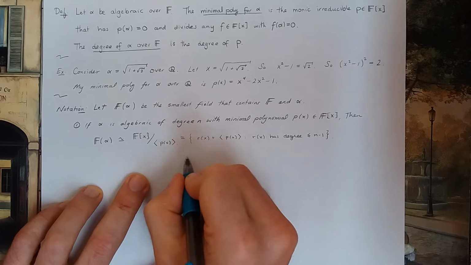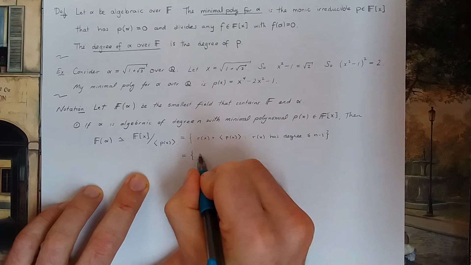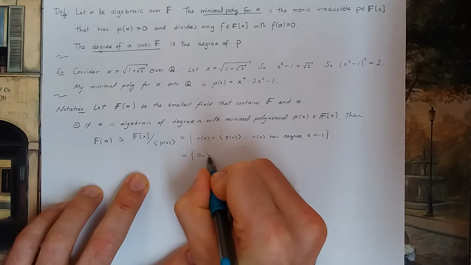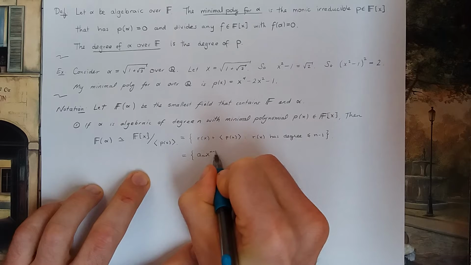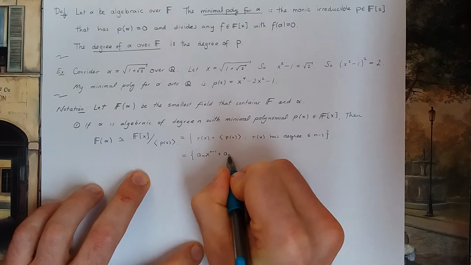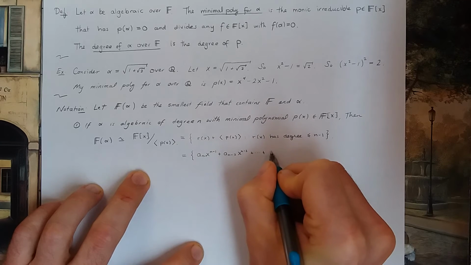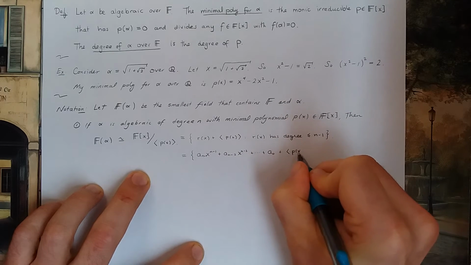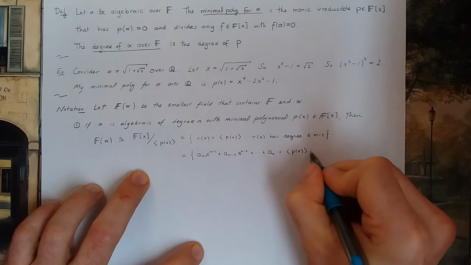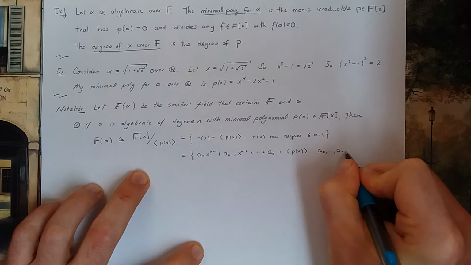Now, if you write this down, this is everything of the form a_{n-1} x to the n minus 1 power plus a_{n-2} x to the n minus 2 all the way down to the constant term plus my ideal. And these are where my coefficients are in my field.